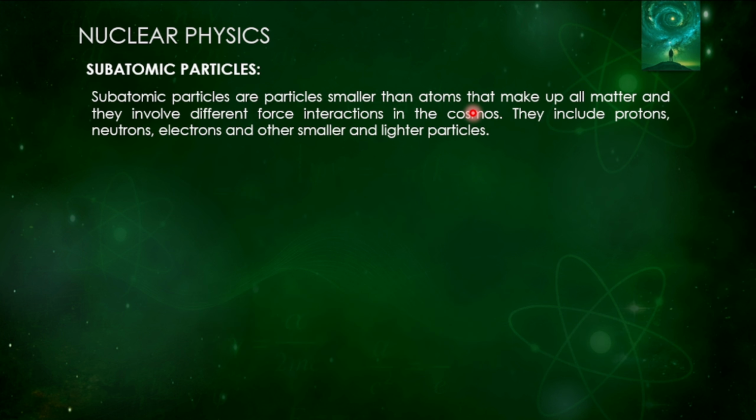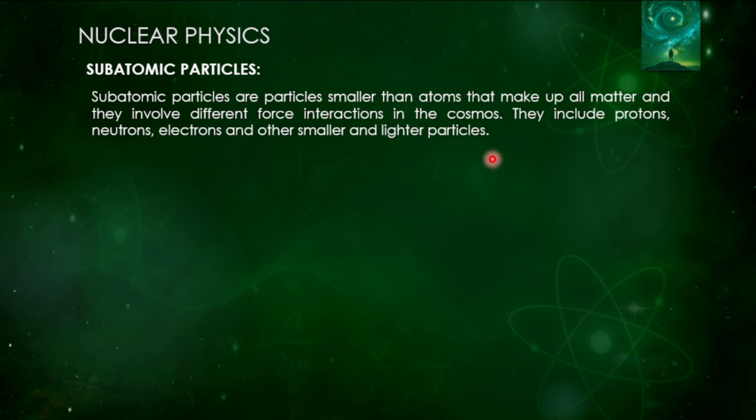Now let's talk about subatomic particles. At first, subatomic particles are particles smaller than atoms that make up all matter, and they involve different force interactions in the cosmos. They include protons, neutrons, electrons, but also other smaller and lighter particles. We've seen some of that previously, but we're talking about the particles that make up the neutrons and protons themselves.